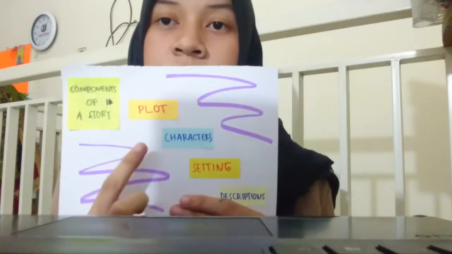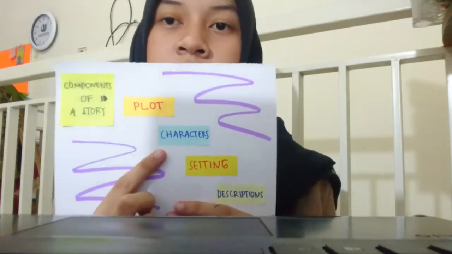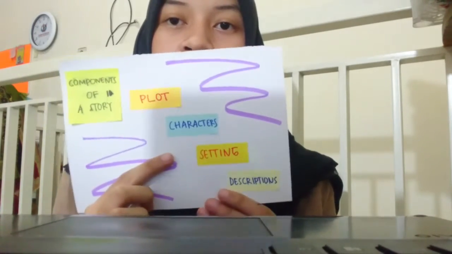So after the goal, now we can move to the components. So the components of the story are first a plot and characters, setting and description.